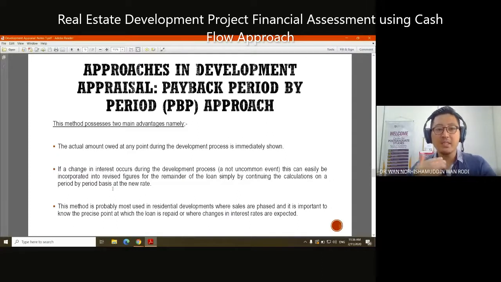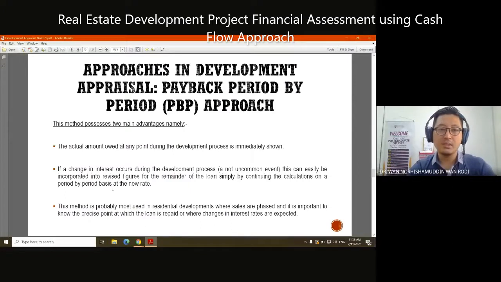Okay, the third one: this method is probably most used in residential development where sales are phased, and it is important to know the precise point at which the loan is repaid. Using the payback period, we know what amount of loan is repaid at a certain period of time, and also the change of interest within the period.